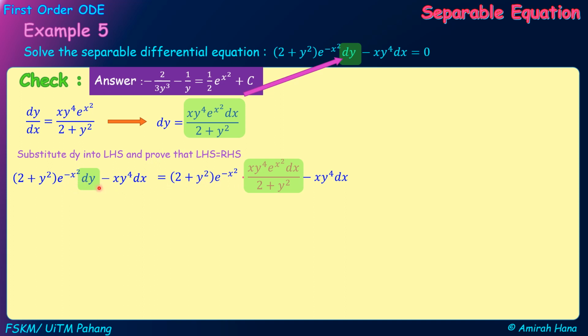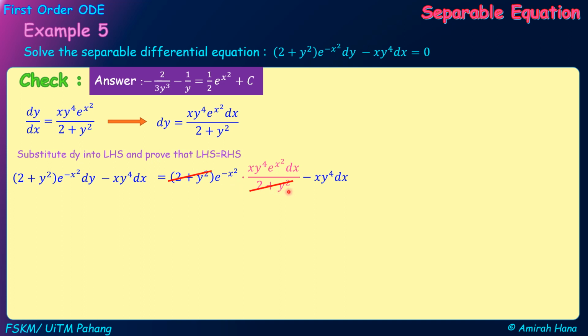And then minus x y to the power of 4 dx. Since we have multiplication here, we can simplify 2 plus y squared with the 2 plus y squared in the denominator.